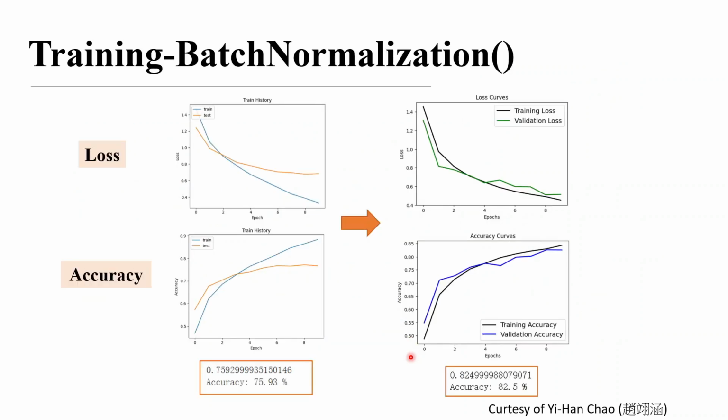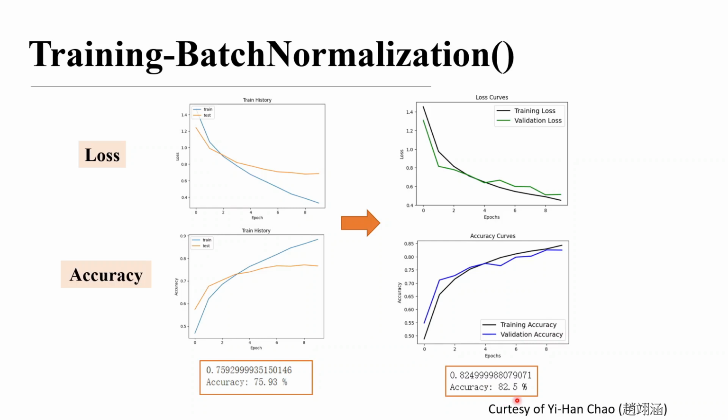Then she tried to improve the network architecture, and she found a layer named batch normalization. After adding the batch normalization layer, she improved the performance from 75.93% to 82.5%. So it's very useful, right?